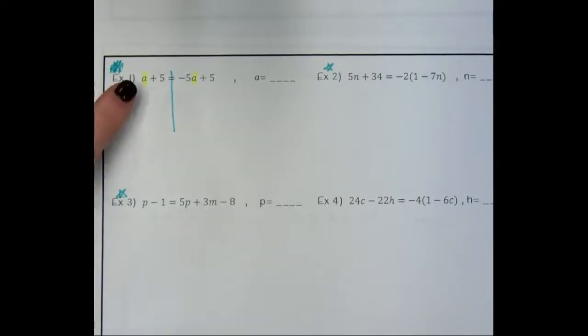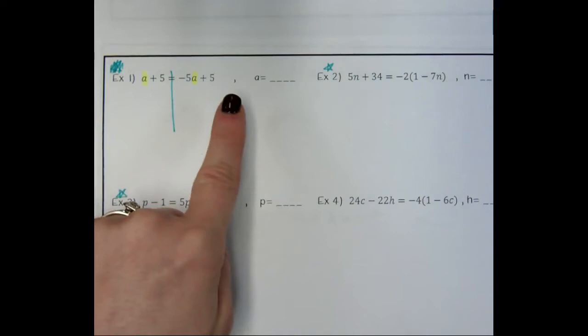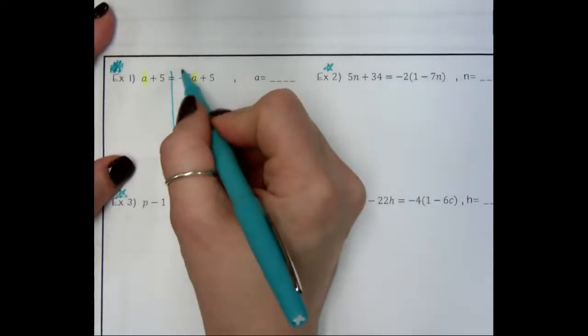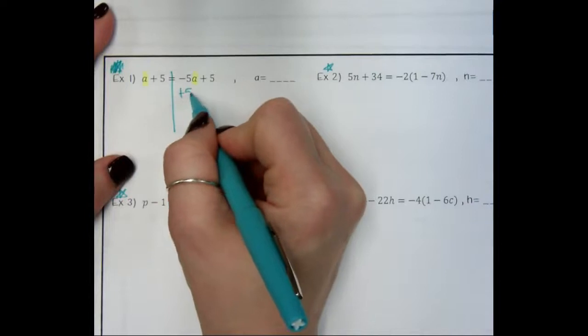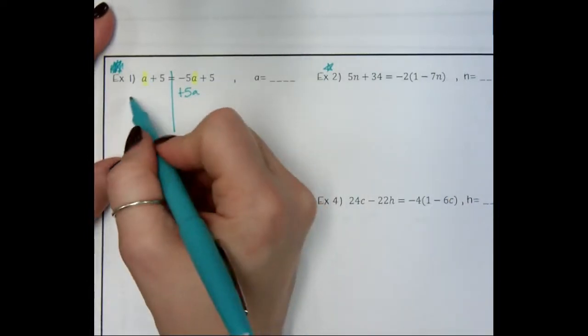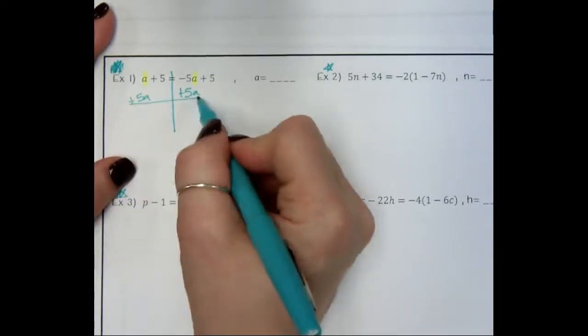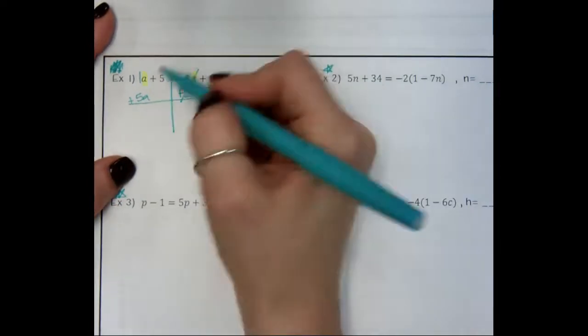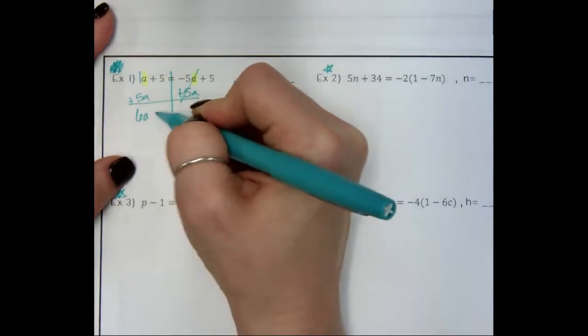So I have a 1A and a negative 5A. I can move the 1 over here with the 5, and then all my A's are going to be negative, which is totally fine. I can handle it. But since I have the option, I'm going to go ahead and move these over. So instead of subtracting 5A, I'm going to add 5A. And that's going to make all my A's positive. Some people care about that. Some people don't. If I can choose, I do that. So don't forget this is the 1A. So 1A and 5A is 6A.